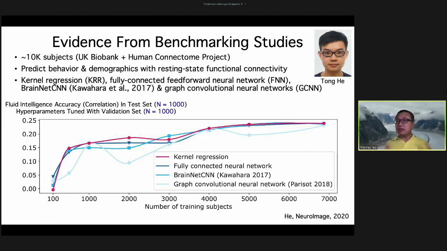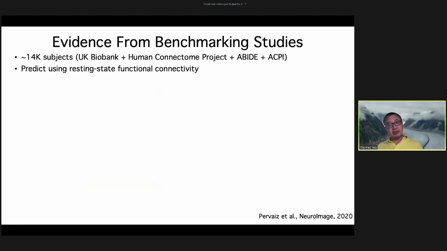Now, it is possible that He Tong is not so good at tuning deep neural networks. So here's a second benchmarking study from Steve Smith's group using 14,000 subjects, again from the UK Biobank and Human Connectome Project, and also from ABIDE and the ACPI datasets. So the authors used resting state functional connectivity to predict non-imaging measures such as age, sex, and fluid intelligence.